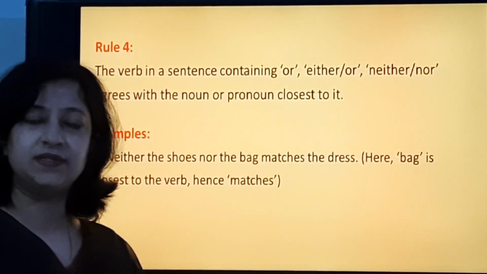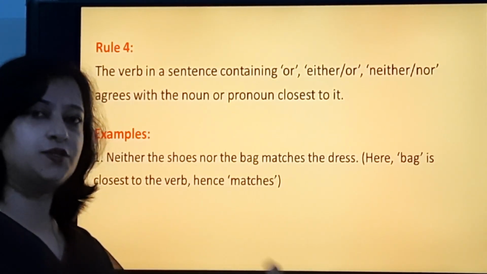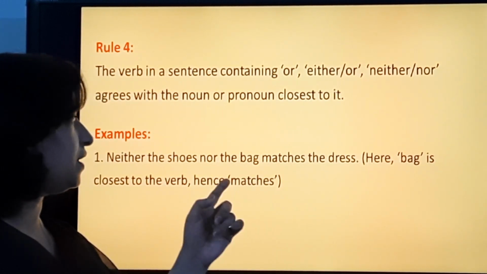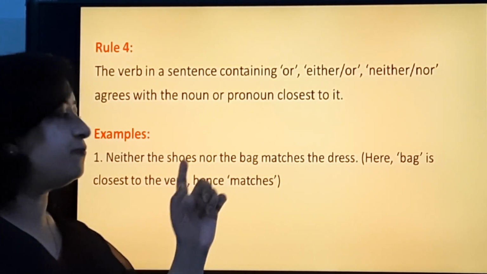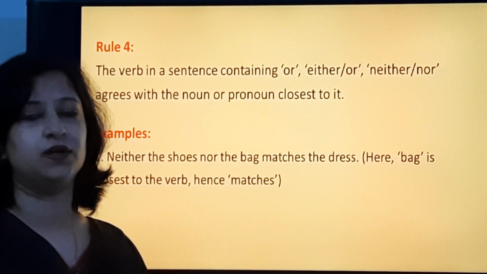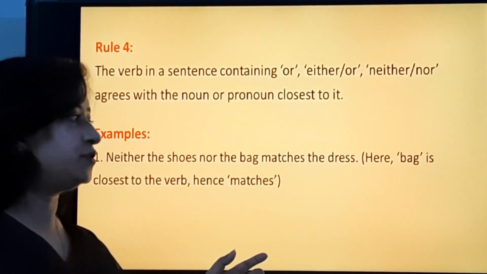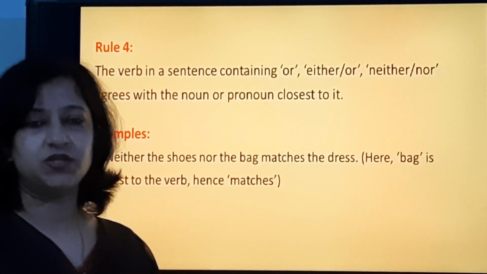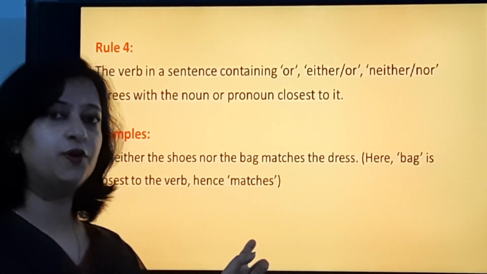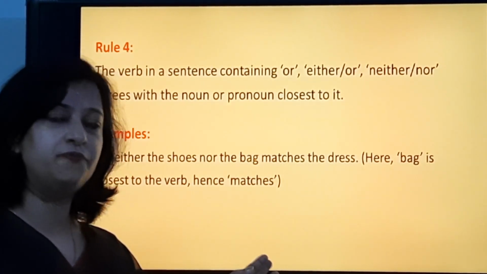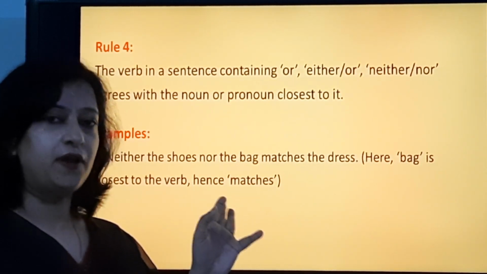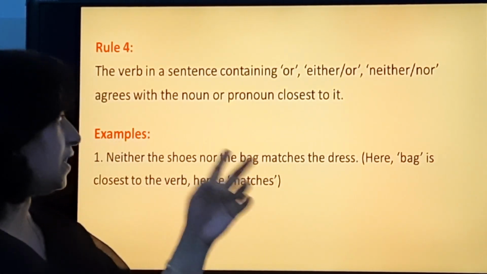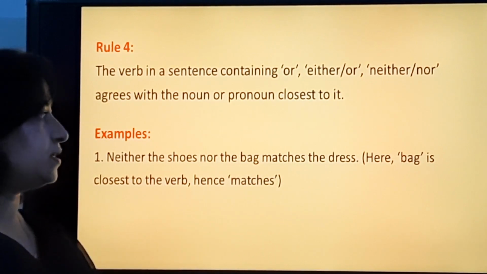Matches is the verb, and the subject that is closest to this verb is bag. So we'll focus on bag, and bag is singular. So according to this singular subject, we will use the singular verb, that is matches, the root form of the verb with the addition of s or es. It is es here.